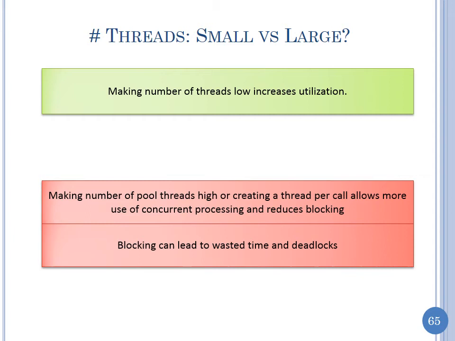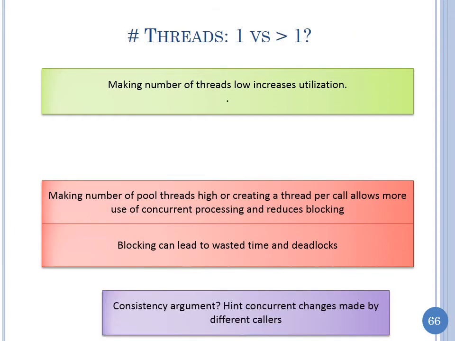So we've seen the small versus large number of threads. We've seen the pros and cons, and one of the cons had to do with blocking issues and deadlocks. I'm going to argue that one is a special case. It sometimes makes sense to have exactly one thread in the thread pool, and it has to do with consistency.